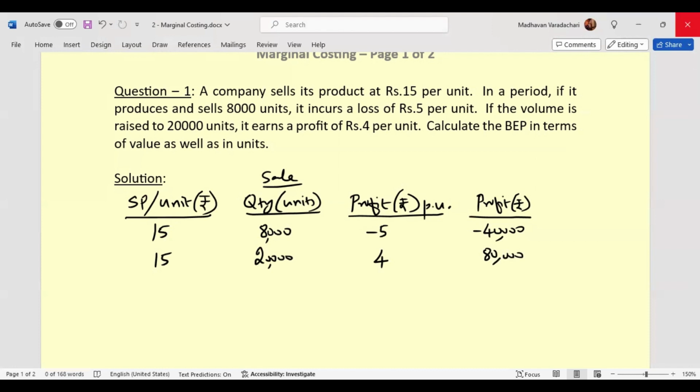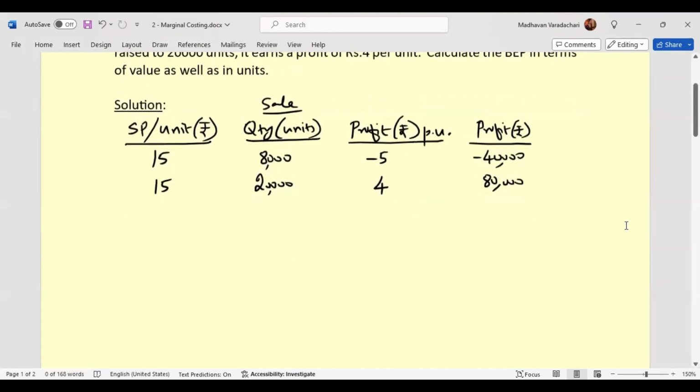They are asking us to calculate break-even point. So first we will calculate PV ratio. It is change in profit divided by change in sales.